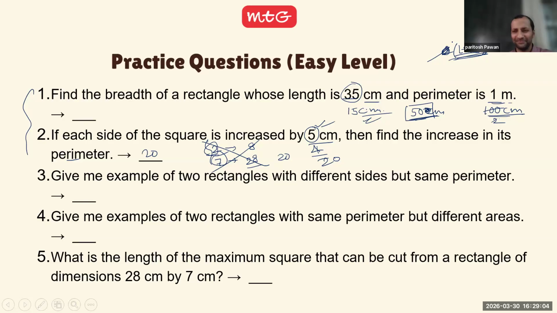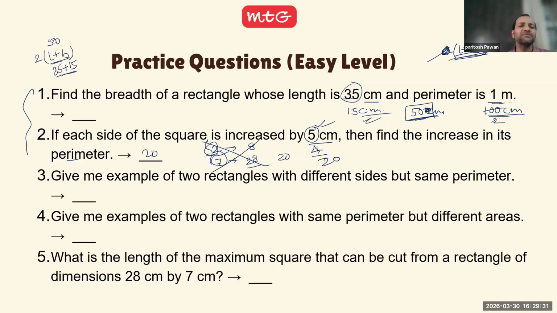Sir, I have a doubt, from where you are getting the number 50? No, beta, perimeter I told you, 2 into length plus breadth. Suppose we start solving the opposite way. So 35 is length and breadth is 15. So 35 plus 15, sum of length plus breadth is 50. Correct? Yes.